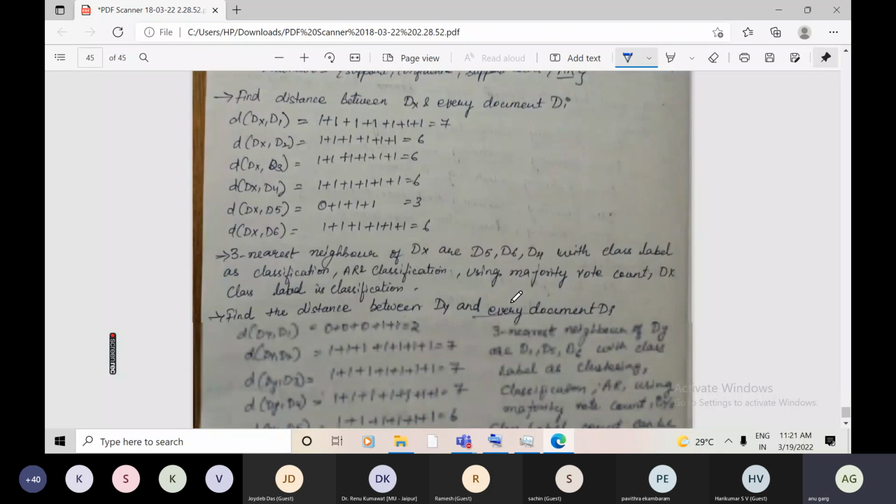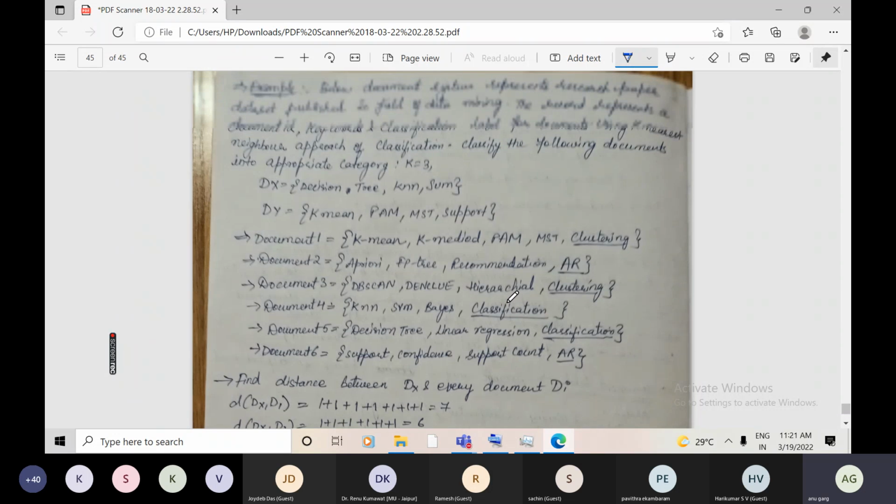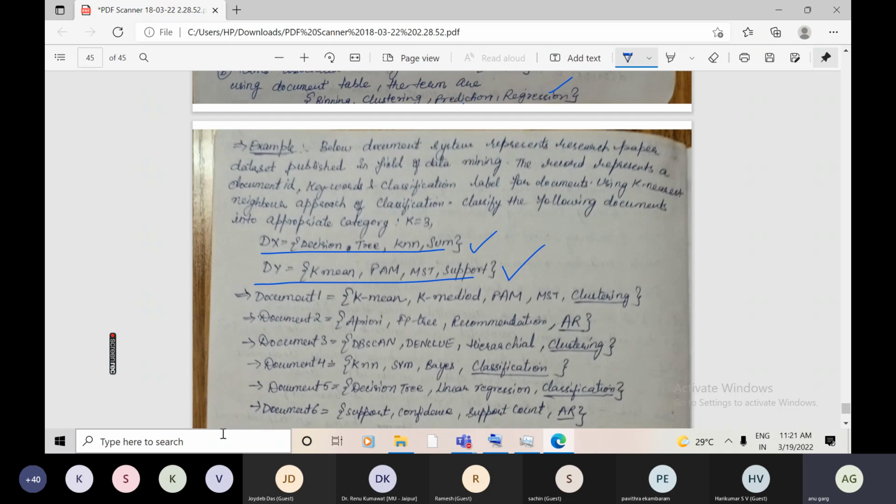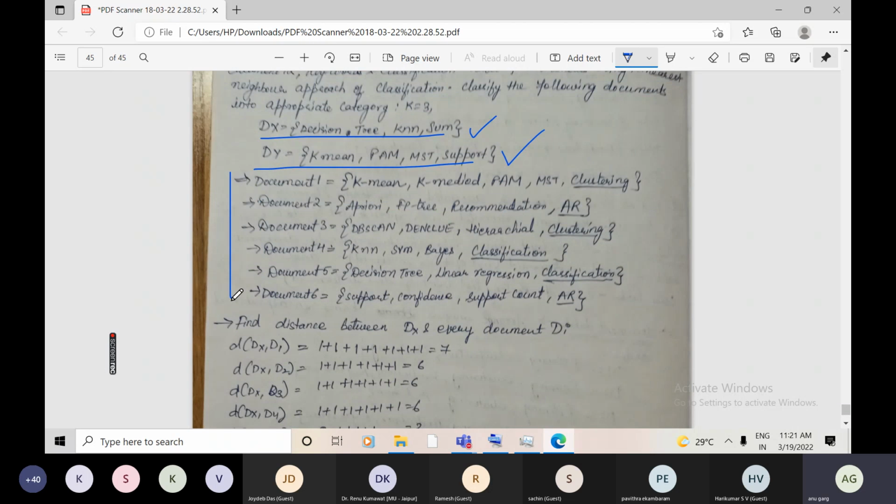Next, this is the final one. Here they have given us two documents, dx and dy. These are all the terms in dx, these are all the terms in dy. And then they have given us some sample data. You can think of this as trained data, data with which they have trained their model.